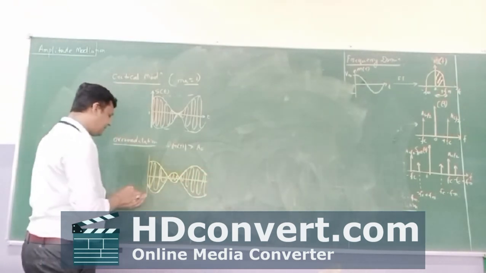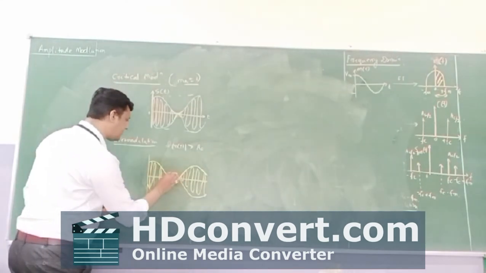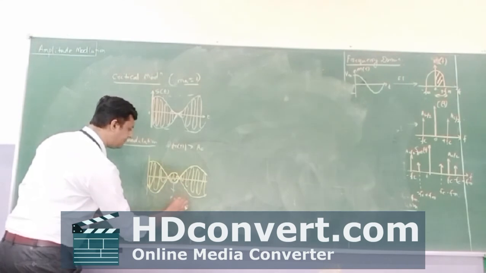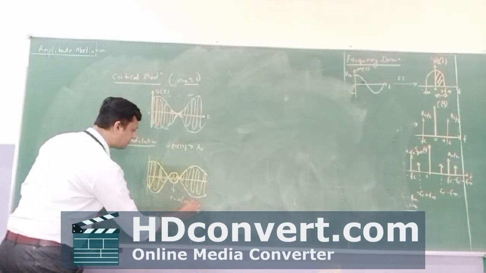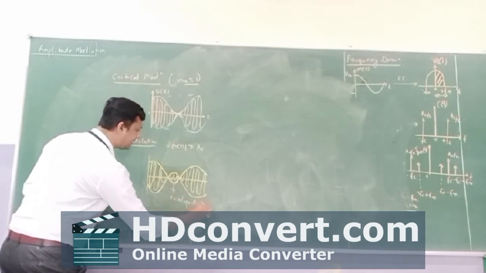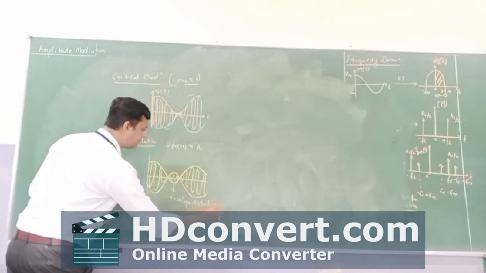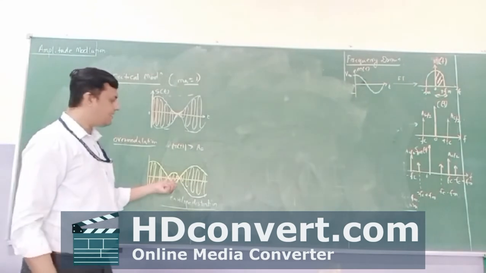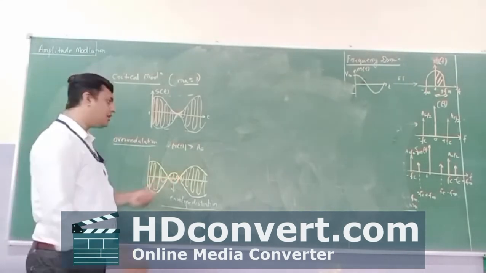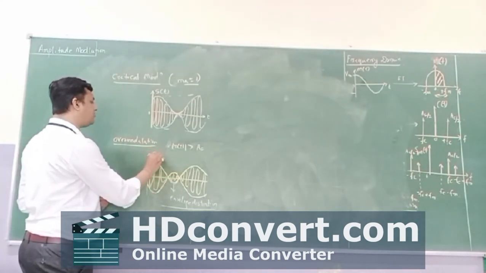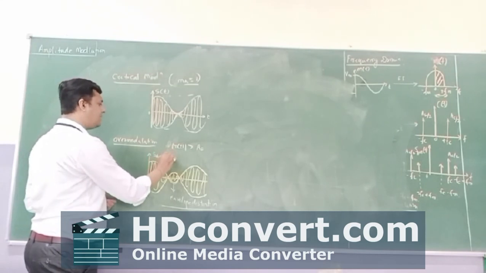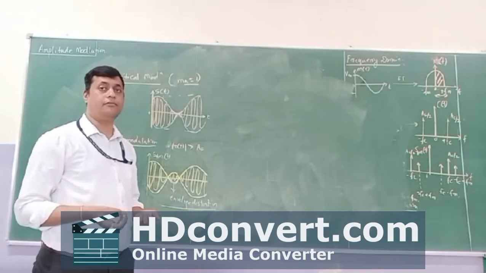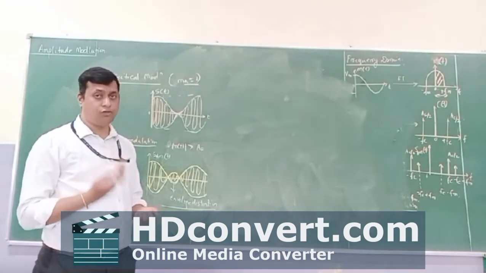So this is called envelope distortion. Anything which distorts the information is called noise. So this envelope distortion contributes internal noise in your AM signal, due to which the extracted original signal will not be the same as what I transmitted.